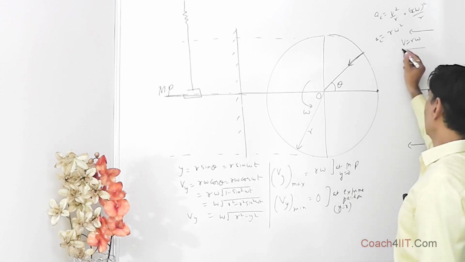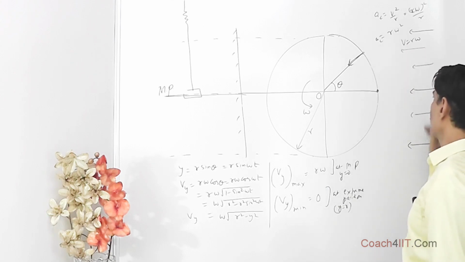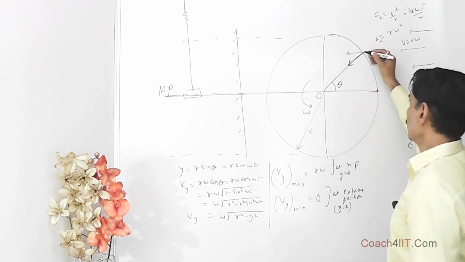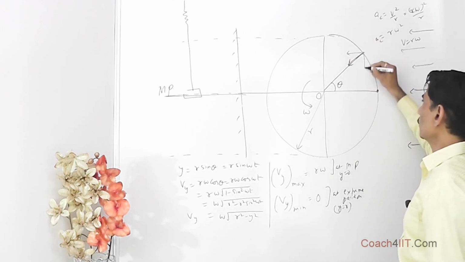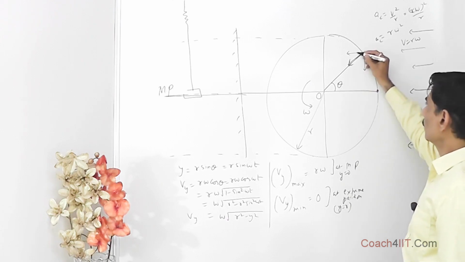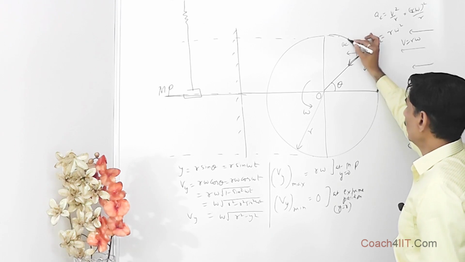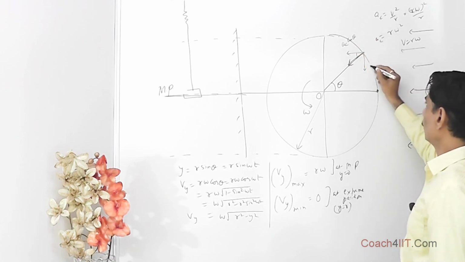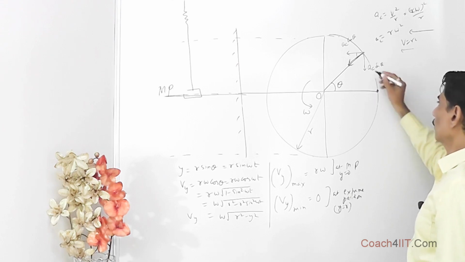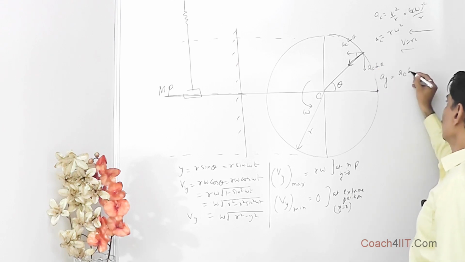As we did with velocity, when the light falls from here, one component of this acceleration will not be visible; only one component will be visible on the screen. If this angle is theta, one component is AC cos theta and the other is AC sin theta. The acceleration observed on the screen is AC sin theta.